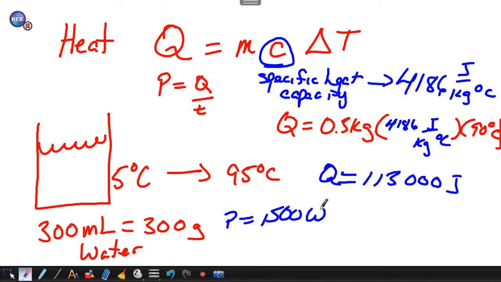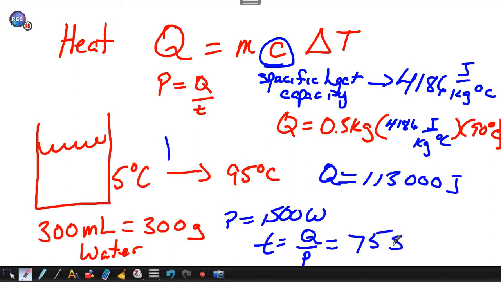Well, the time it'll take is the total energy divided by the power, and that is going to be this 113,000 divided by 1500, and that is 75 seconds.